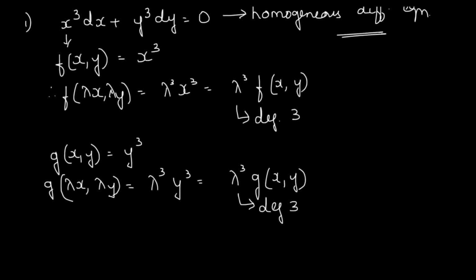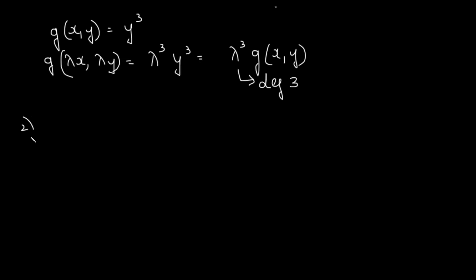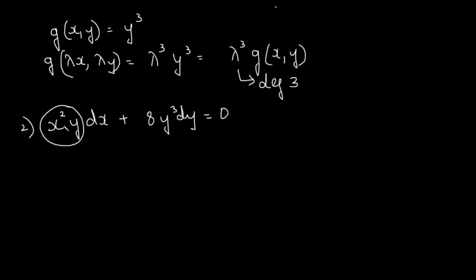Another example, say x square y dx plus 8y cube dy is equal to 0. Now again you can check these two functions. Is this a homogeneous function? Yes, it is. You can work it out and see.